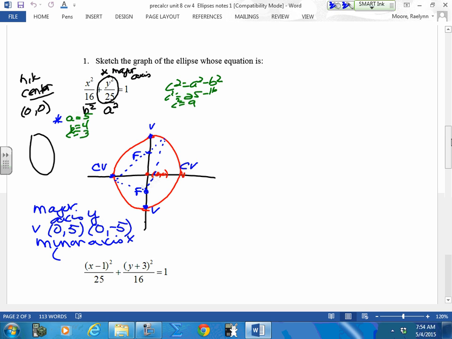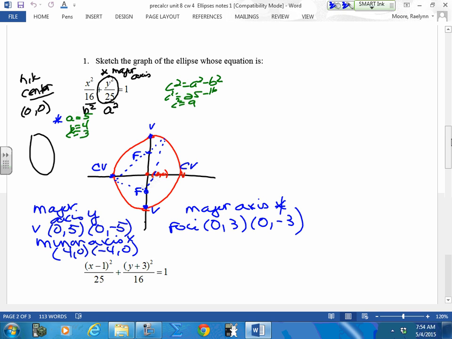So this is going to go out 4, 0 and negative 4, 0. And the only other thing we need to know is your foci. Your foci always go on your major axis. So we're going to go up 3 and down 3. And there's your foci. Foci because we have 2. Focus for 1, foci for 2.